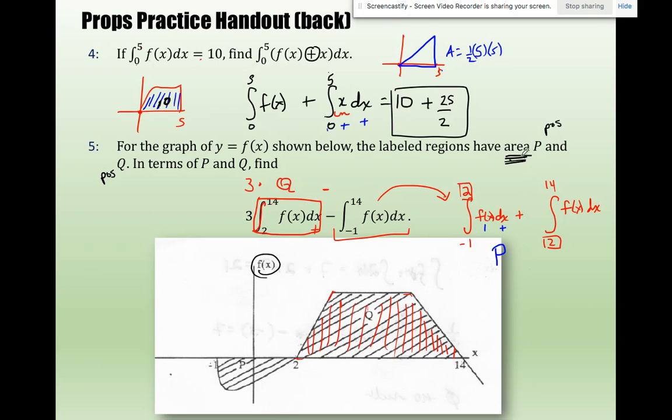The area P is positive, but they're asking me for an integral. My function values were negative, dx was positive, so the integral going from -1 to 2 is negative P.